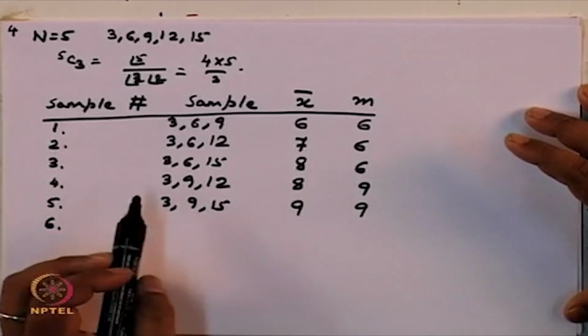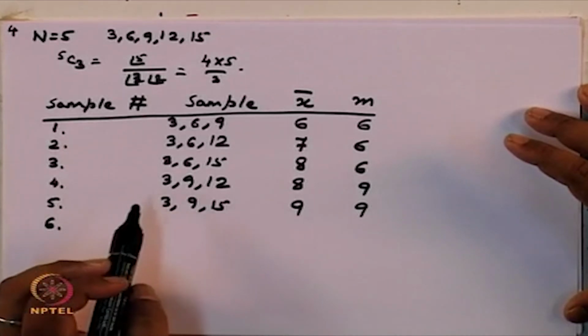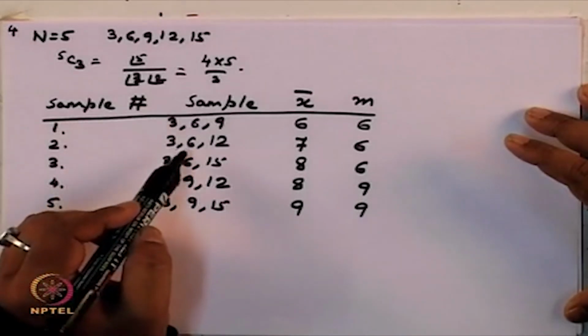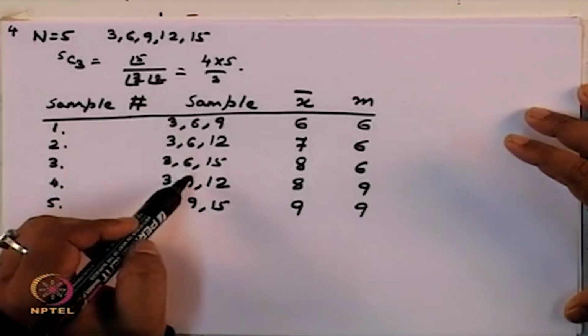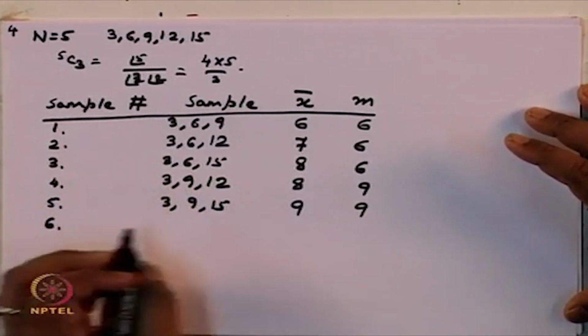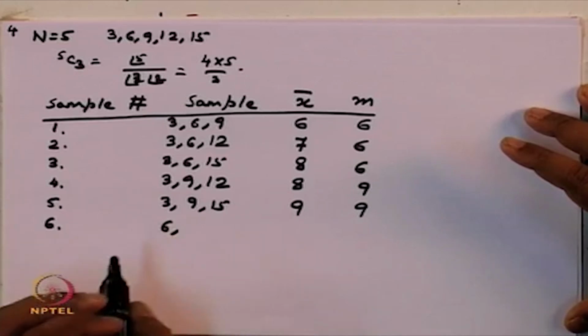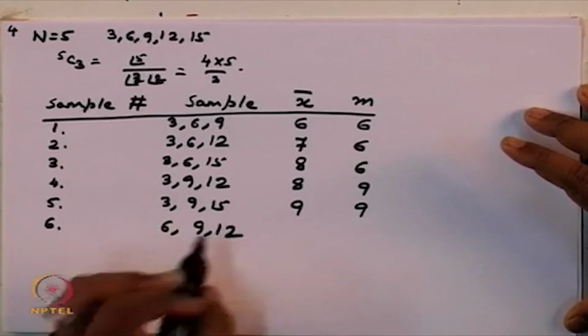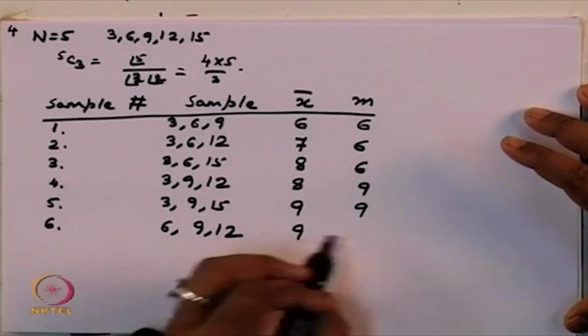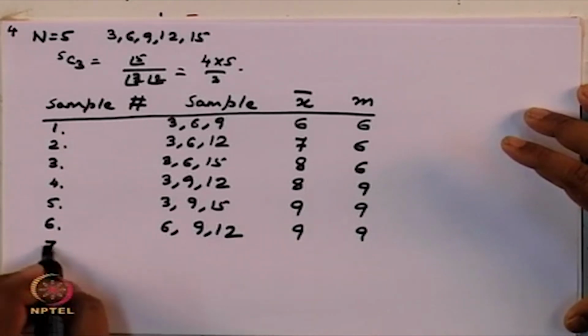Then 6, 9, 12; the sum is 27, so the mean is 9 and the median is 9.